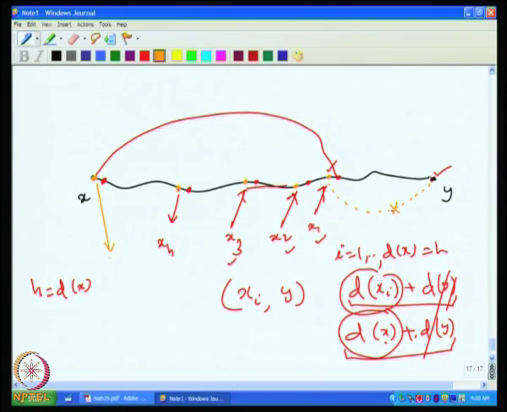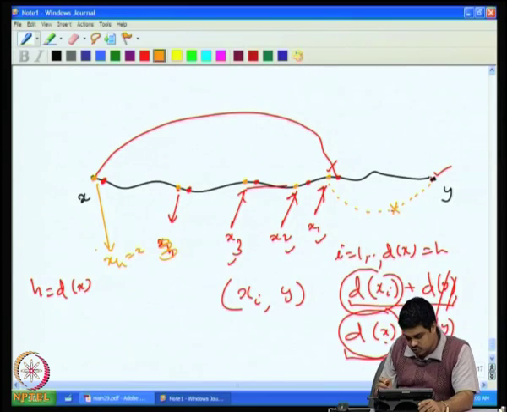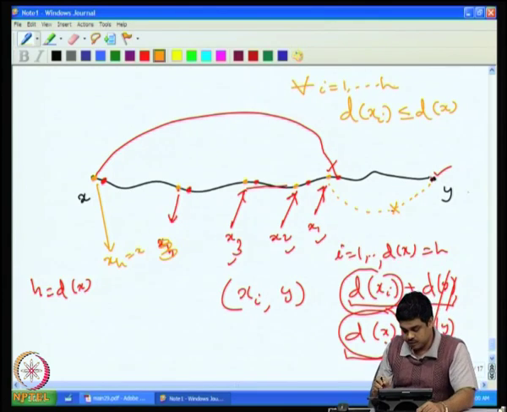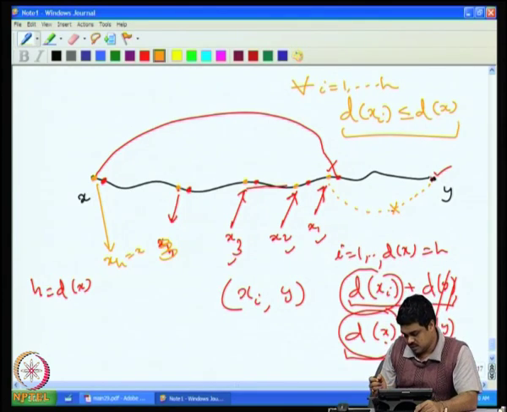So, in fact, xh will be equal to x. So, x will also be part of them, but whatever it is, each of them will have a degree. See, d of xi should be less than or equal to d of x for i equal to 1 to h, each of them will be like that.